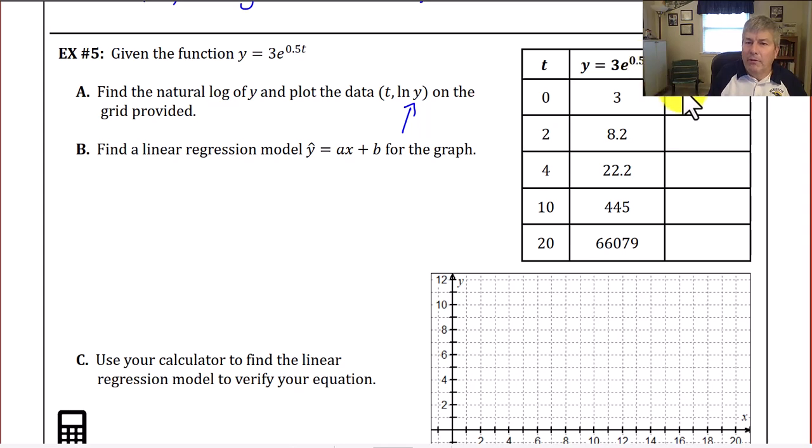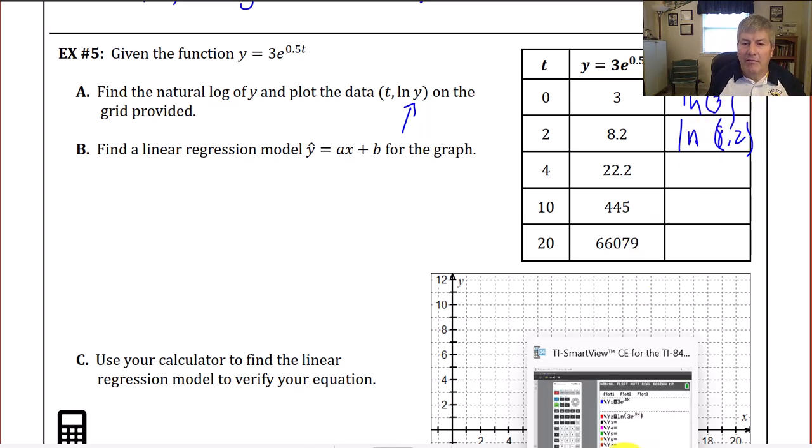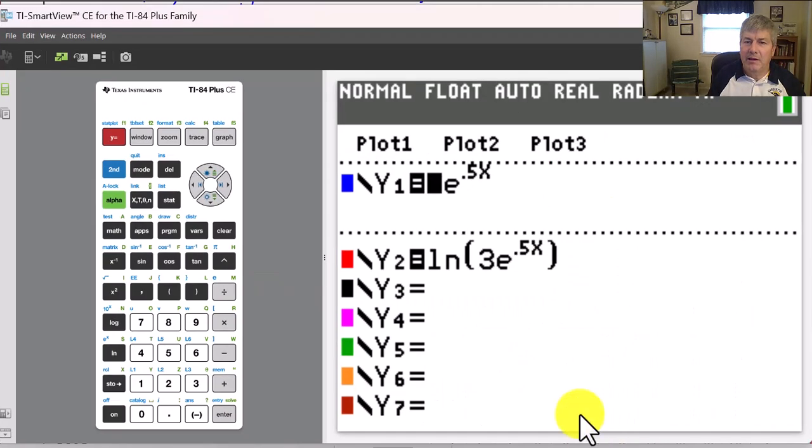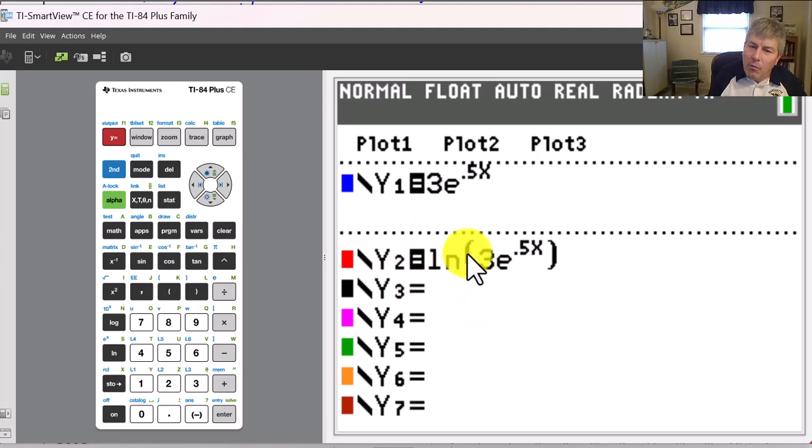So really what we're looking for here is the natural log of 3, the natural log of 8.2, and so forth. Well, what I've done is I've put the two functions into our calculator, the original 3e to the 0.05t, but I've also done the second column as well, which is the natural log of 3e to the 0.5x, and that's going to actually give us the third column. That's going to give us our outputs that we want.